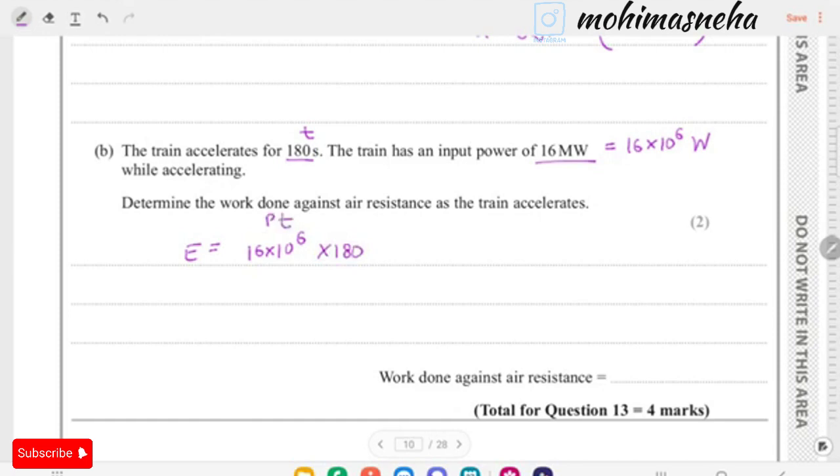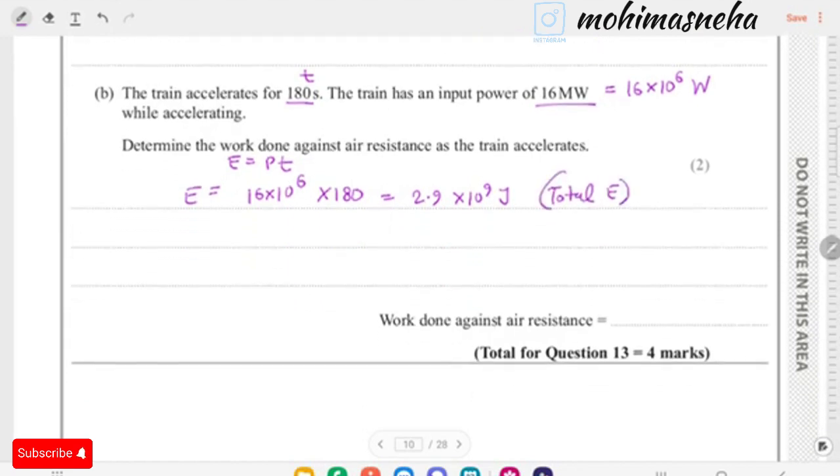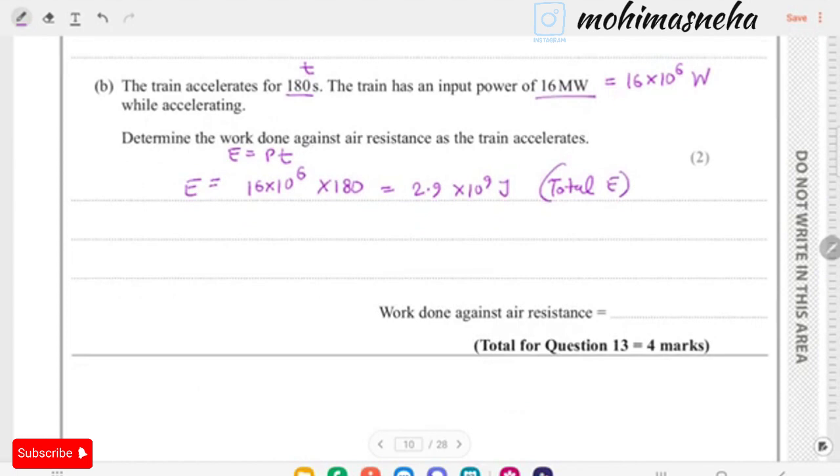E equals power into time. Using this equation, you finally end up with 2.9 into 10 to the power 9 joules. So this was your total energy over here. So in order to find the work done against air resistance, always remember that total equals waste plus useful, right?